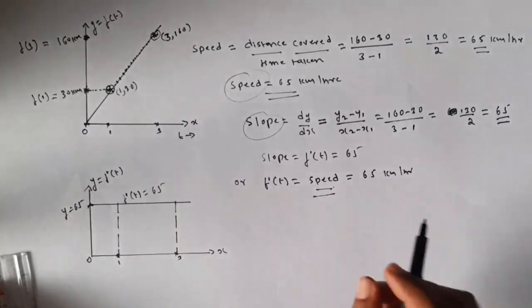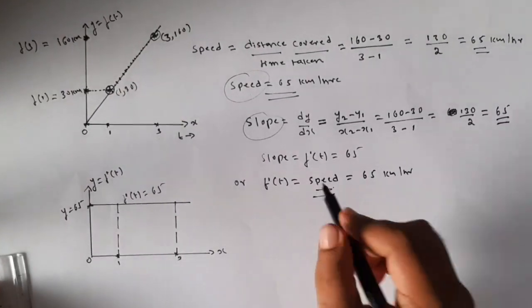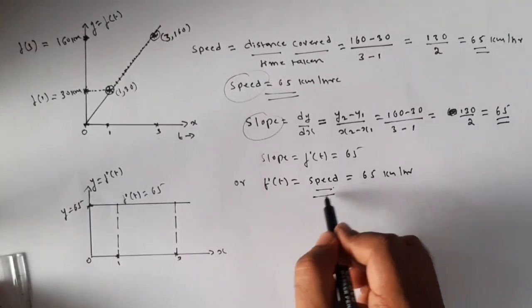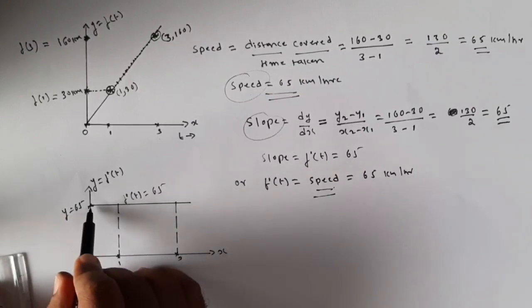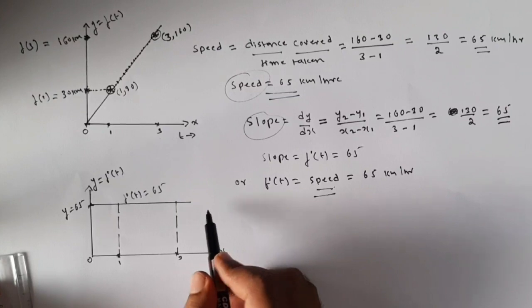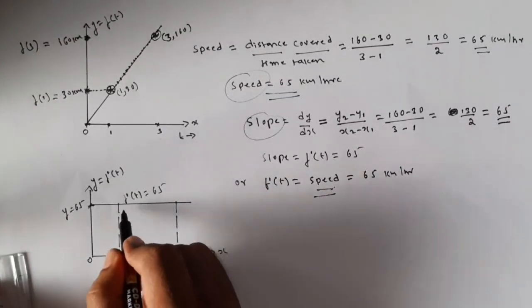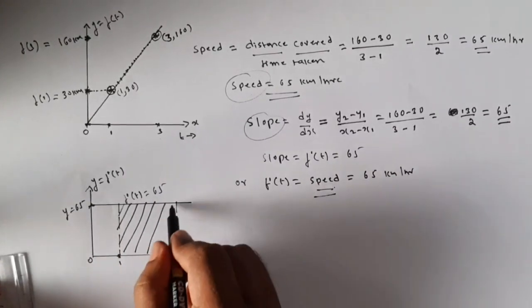We know that integration is nothing but finding the area under the curve. So here we have to find the area under the speed. The equation of speed is the straight line. So we have to find the area under the speed from 1 to 3, this area. This is the area which we have to find here.